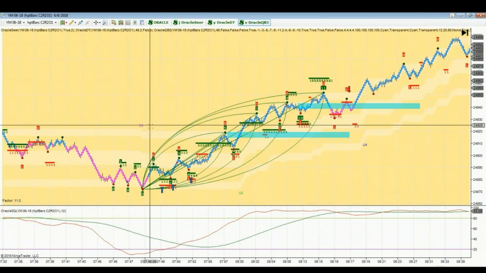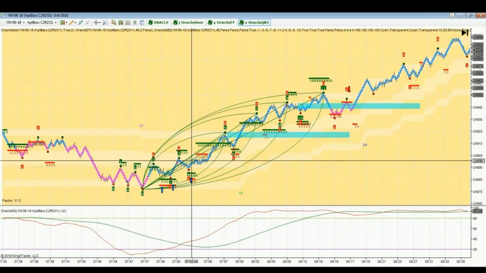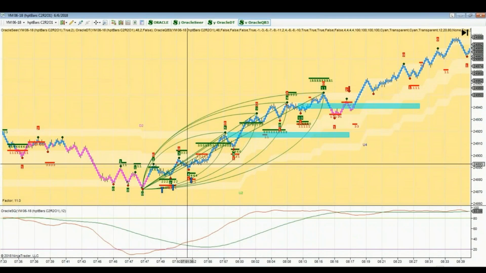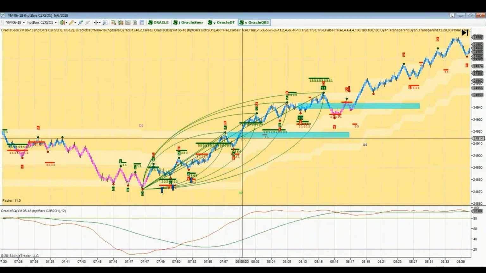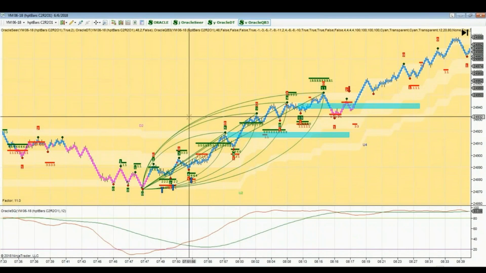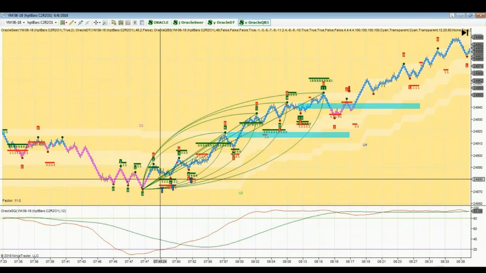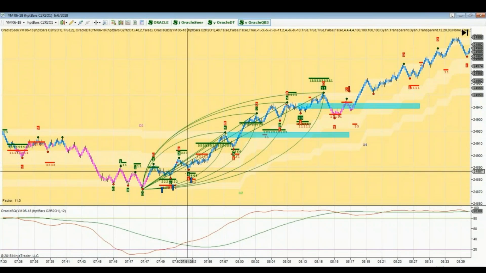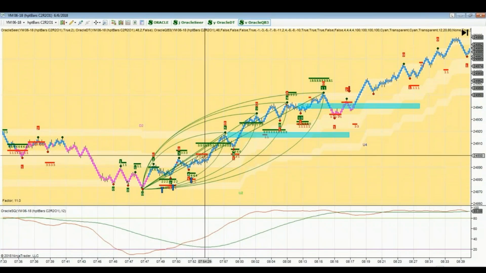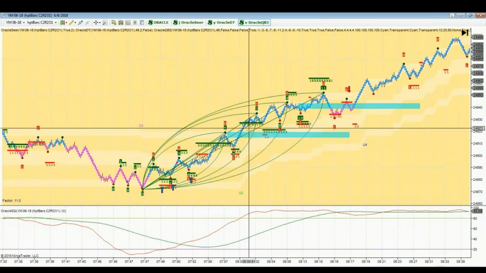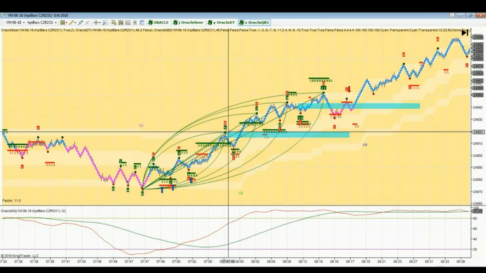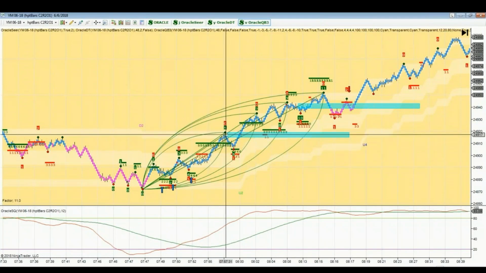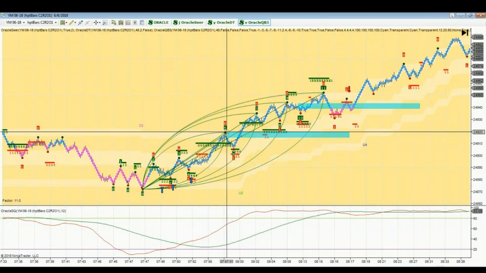Continue on a little bit later in the session, and this is what really makes it here. If you can catch this Wave 4 entry, it just went on to complete a giant move to the upside. And also the way it's taught is once that Wave 5 right there completed, once we go above the cyan band again with blue bars, that's an additional long that just continued for a very large gain.